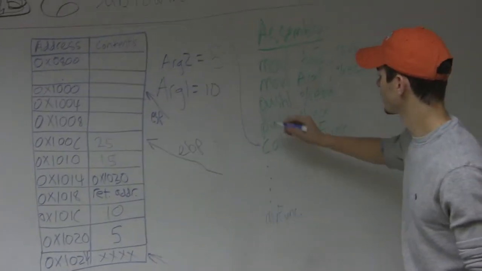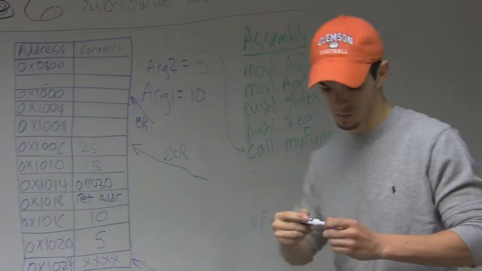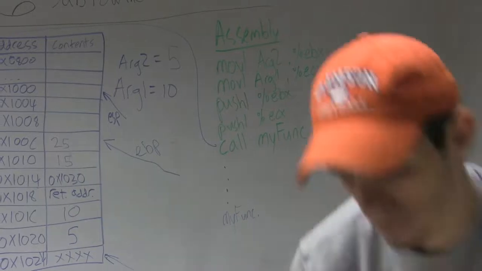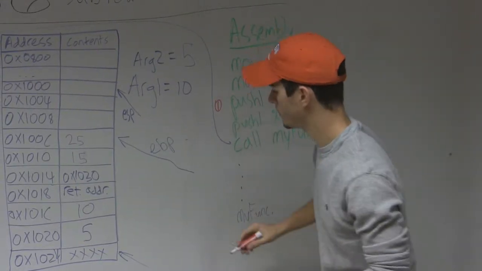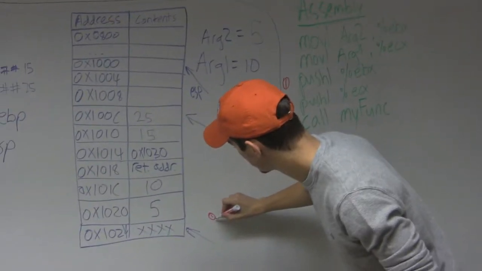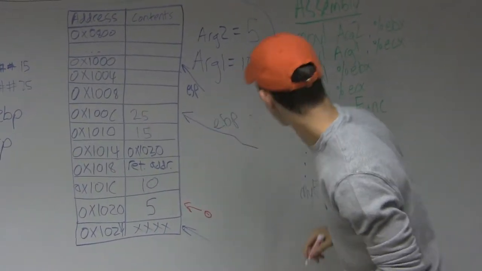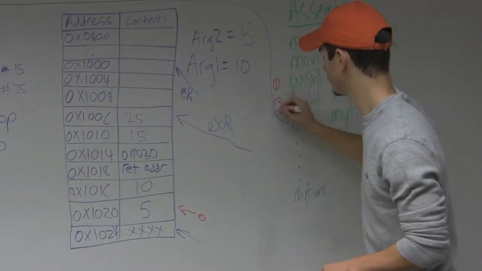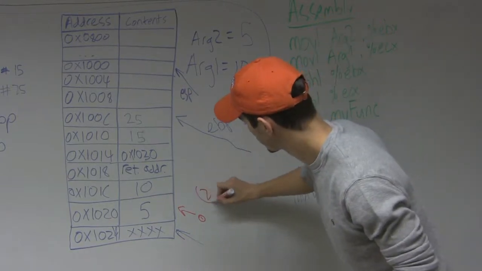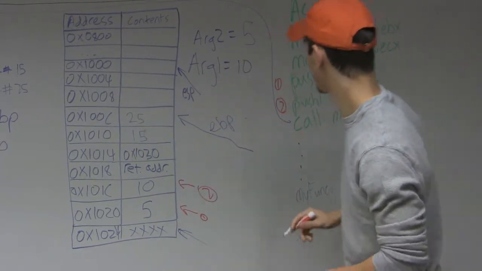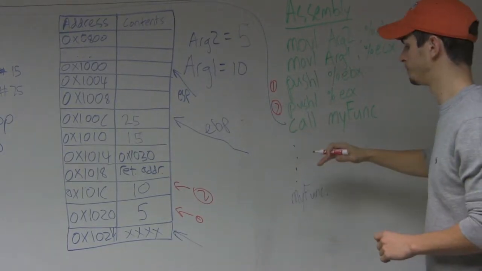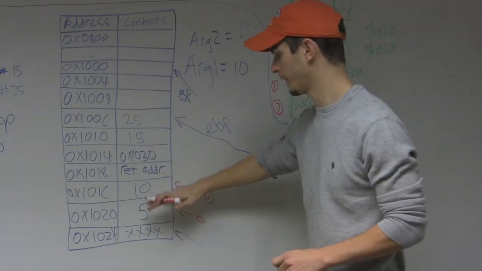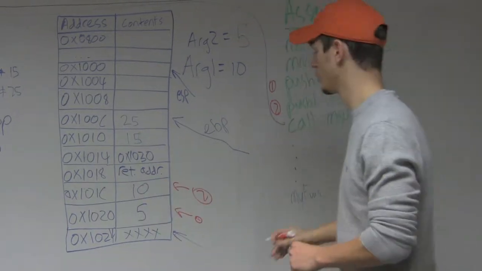So, for example, let's denote this 1. For 1, now it's pointing here. For 2, now it's pointing here. Because with each push instruction, the stack pointer is decremented in order to be pointing at the top of the stack.